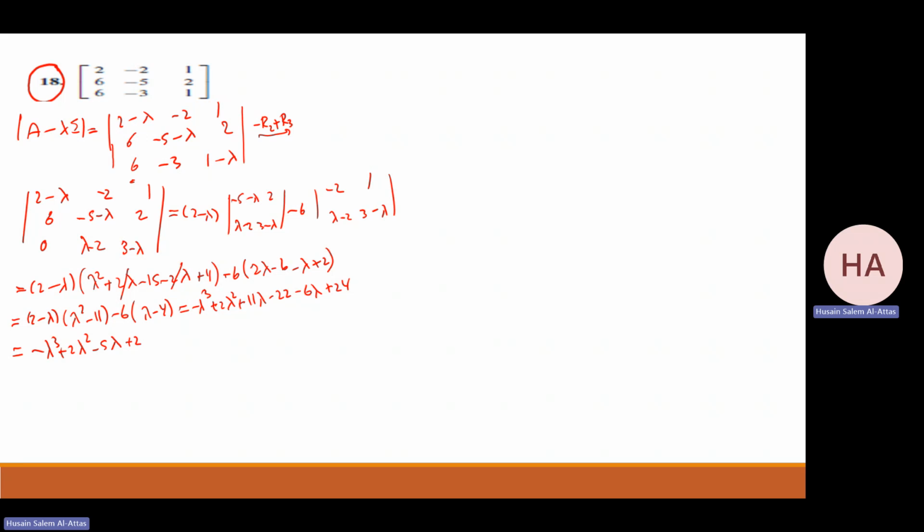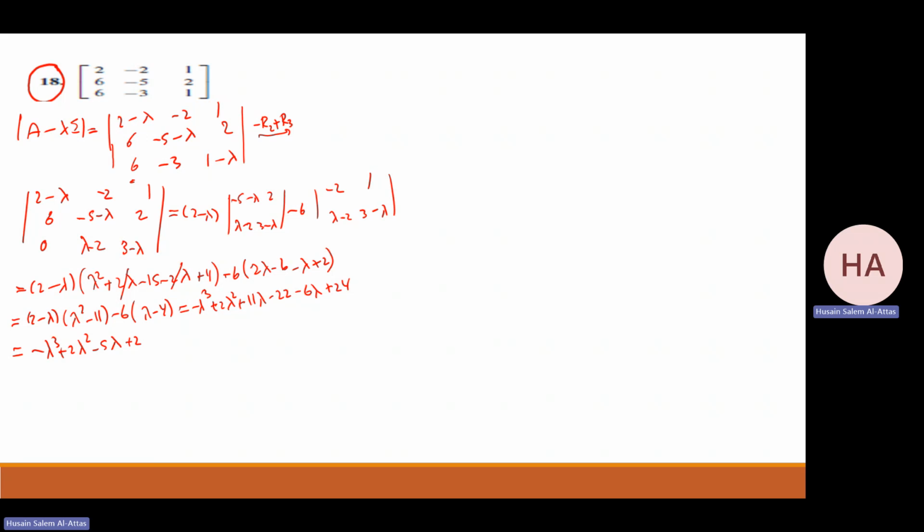I did a mistake somewhere. How to figure it out? Lambda should be 1, is one of the answers. You have minus 1 plus 5. No. Okay. I did a mistake somewhere. Calculation mistake. Okay.